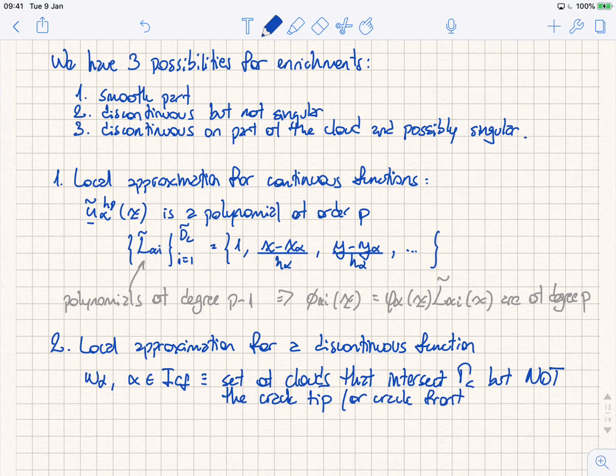Okay, so some notation here. What I'm saying here is that I'm going to identify those clouds with this index set ICF, which is basically the set of clouds that intersect the crack, but not the one that contains the crack tip, because as we discussed, if you're actually adding a Heaviside enrichment to that element that contains the crack tip, then you are artificially extending the crack till the end of the element. Okay?